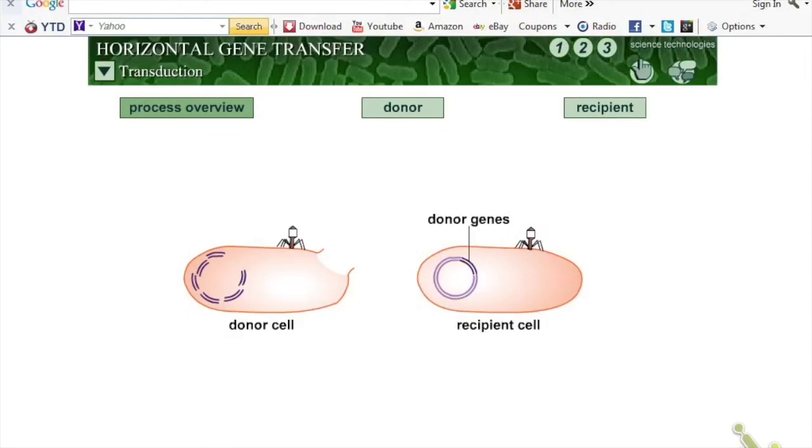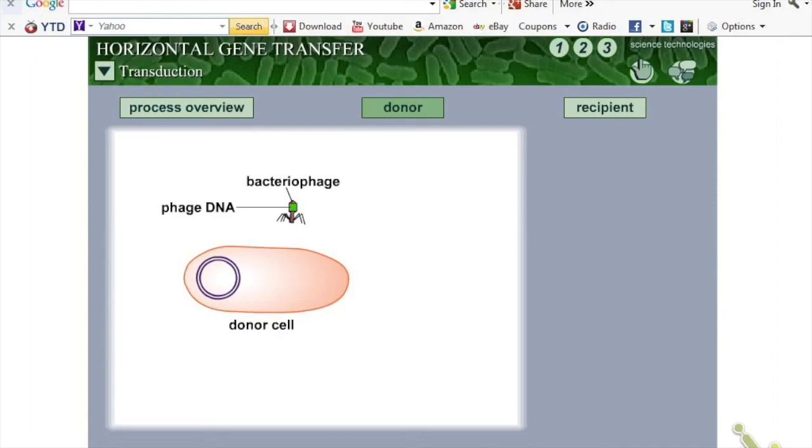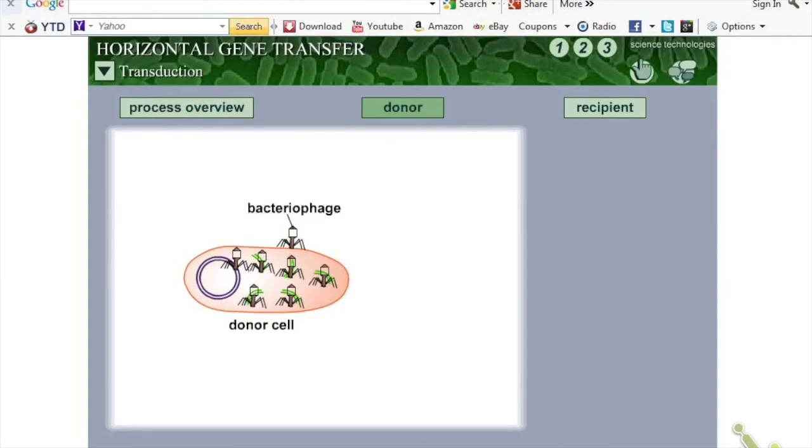So here's the donor. Of generalized transduction in bacteria, a bacteriophage attaches to a bacterial cell wall and inserts its DNA. The phage commandeers the bacterial cellular machinery to synthesize new phage DNA and produce phage proteins. In order to completely convert the bacterium into an efficient virus-producing factory, some of the phage proteins break the bacterial DNA up into small pieces.